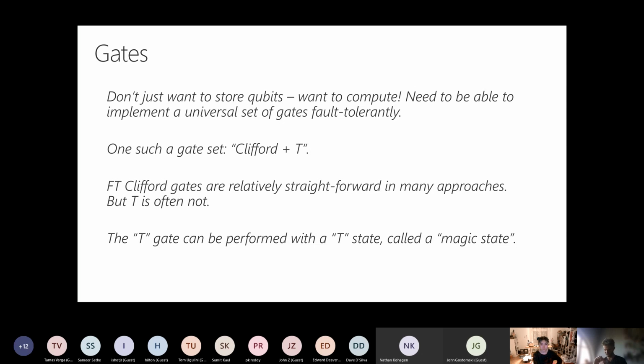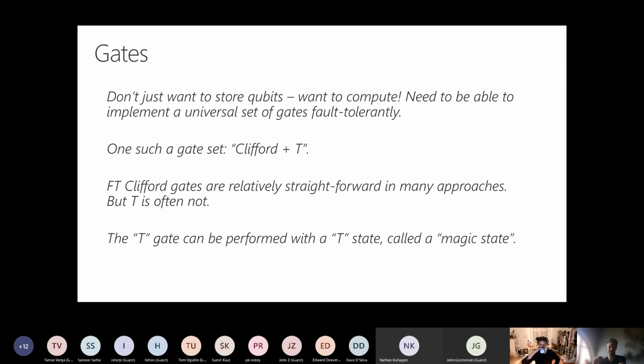Okay, another thing that we think about a lot in this field, but I'm going to skip, is how you implement gates on the logical information that's encoded. There are ways of doing this, and some of these gates can be very costly. In general, a quantum error correction approach will allow some gates to be implemented quite easily and some other gates to be implemented in a really difficult way.